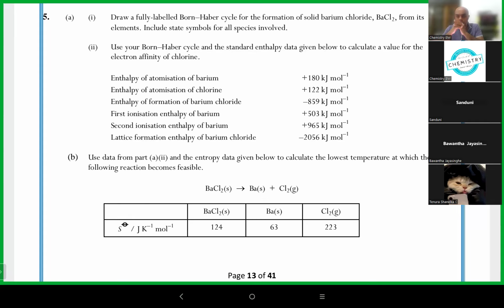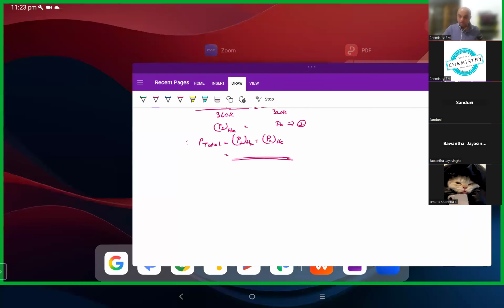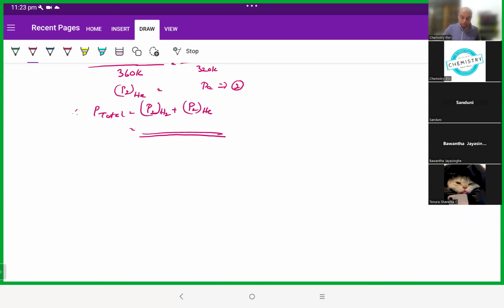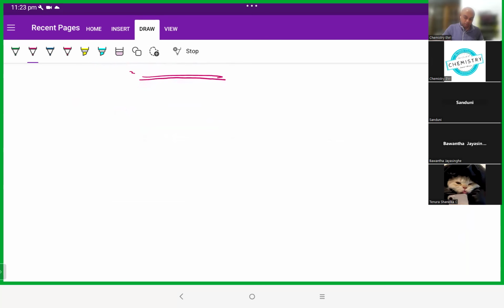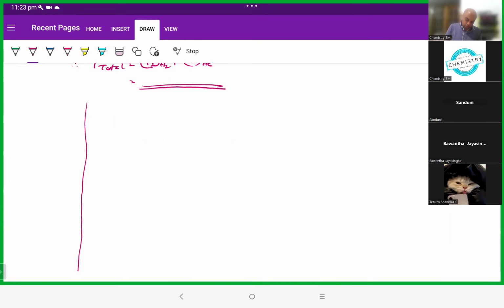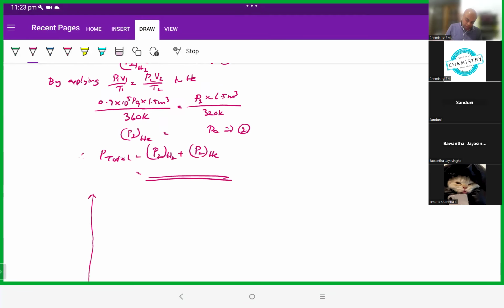So having said that, let's try to draw the Born-Haber cycle. So Born-Haber cycle is usually for ionic compounds, right? So in this direction, we will have enthalpy, kilojoules per mole.